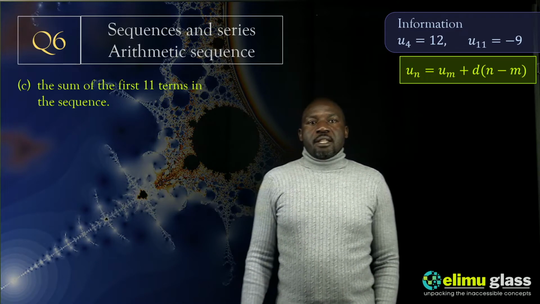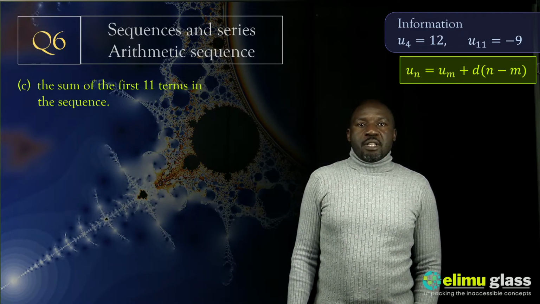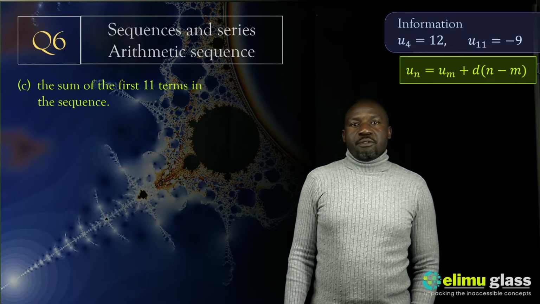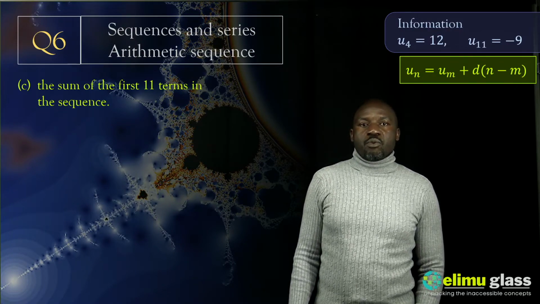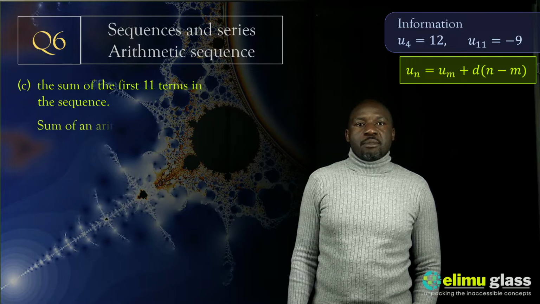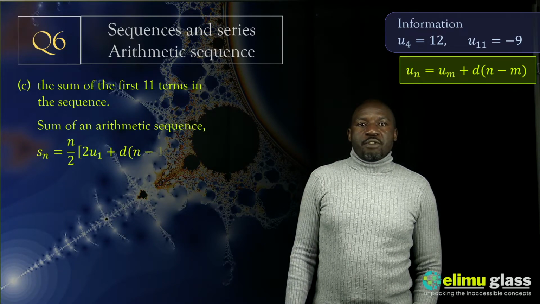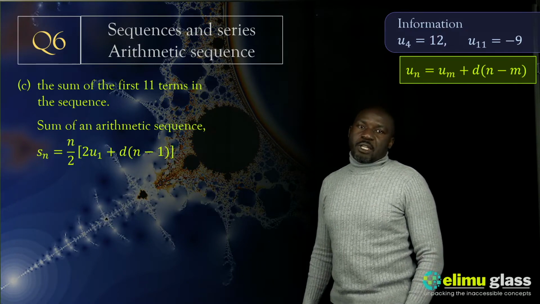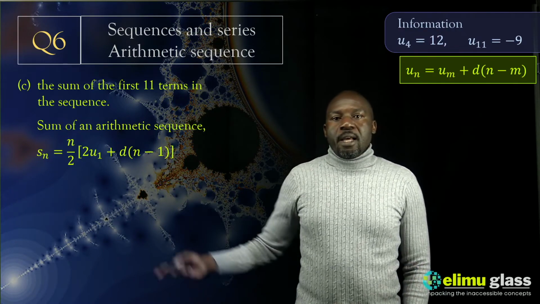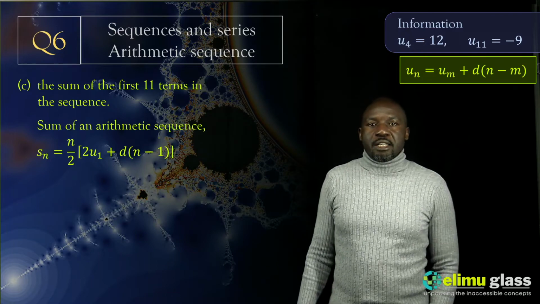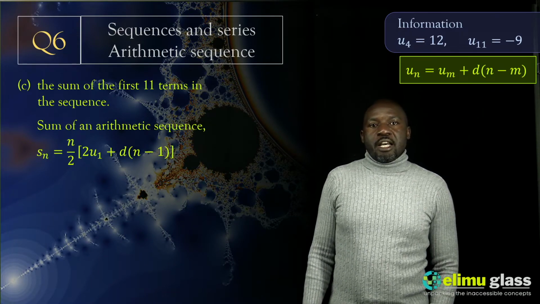Part C, the sum of the first 11 terms in the sequence. So we use the formula for the sum of an AP. The sum of an AP is given by that formula there, S for sum, n for the number of terms you are adding. So we are adding 11 terms, n is 11.